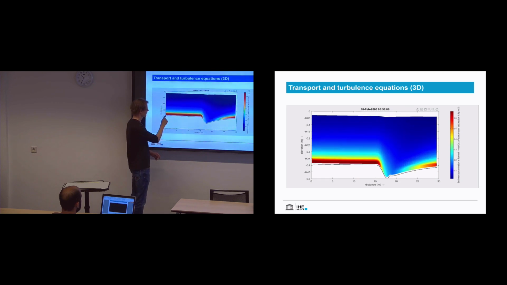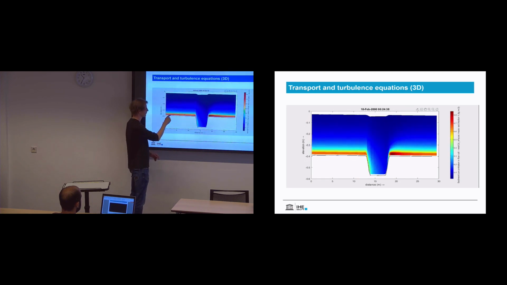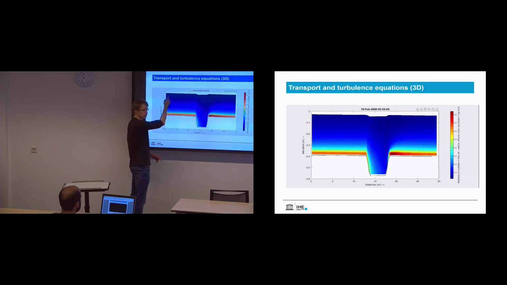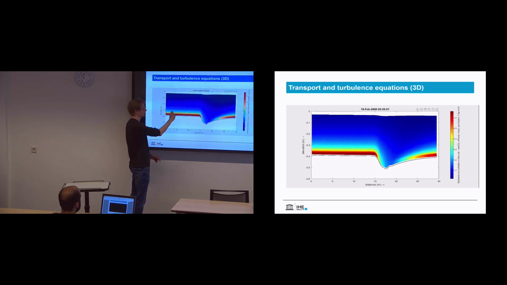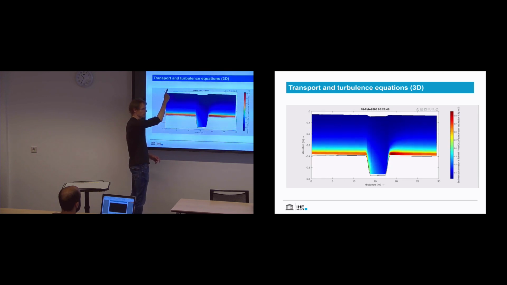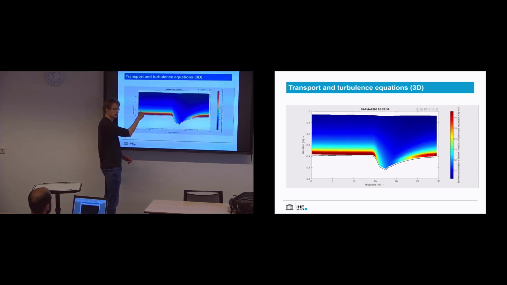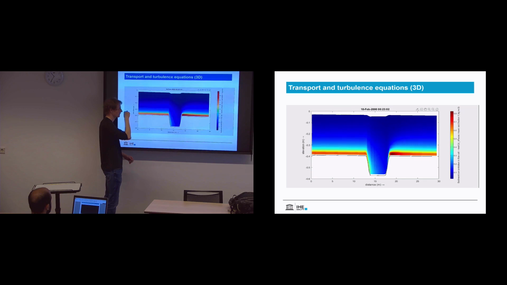So what we see here, in the vertical, is the concentration profile, which shows that it's indeed a Rouse-like profile with high concentrations near the bottom and lower concentrations up in the water column. All the sediment is mobilized near the bed, and then it needs vertical diffusion to be transported higher up in the water column.